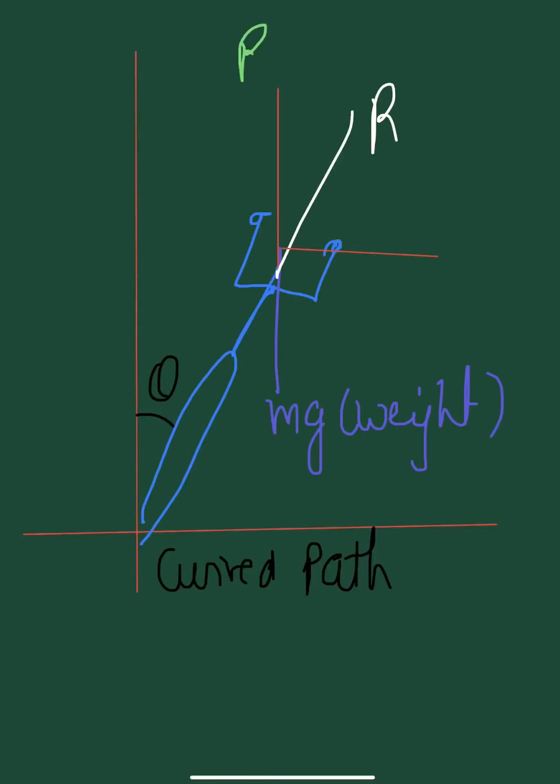Again, if I draw the free body diagram, the vertical component turns out to be R cos theta for the normal reaction, and the horizontal component is R sin theta, and this R sin theta is in the direction of the friction. That's very clear, and theta is the angle of bending.